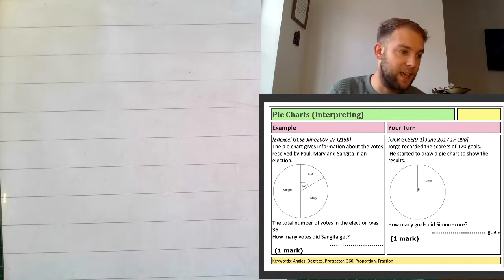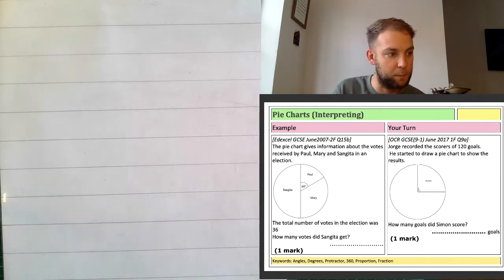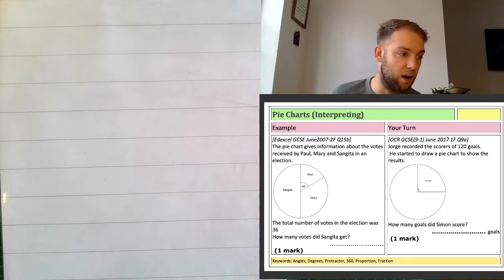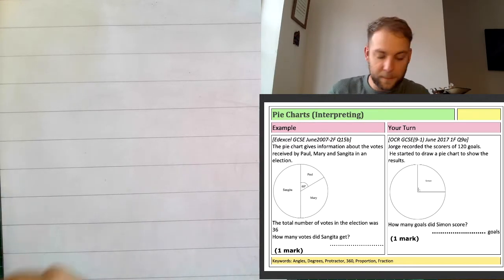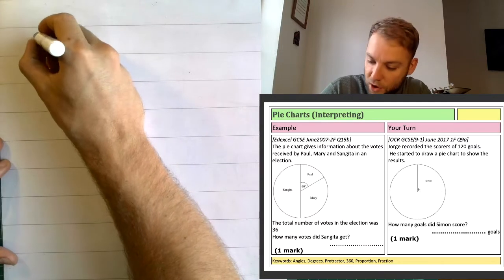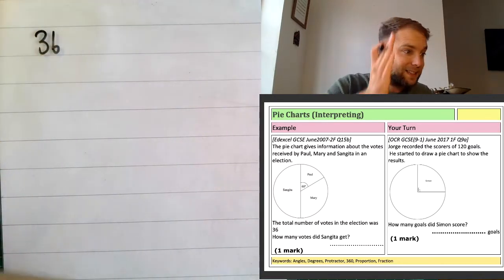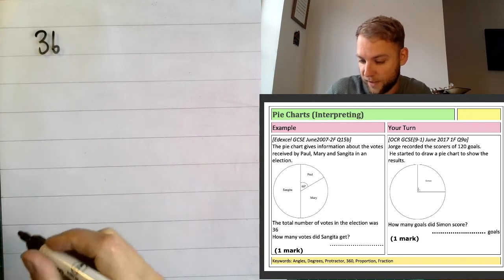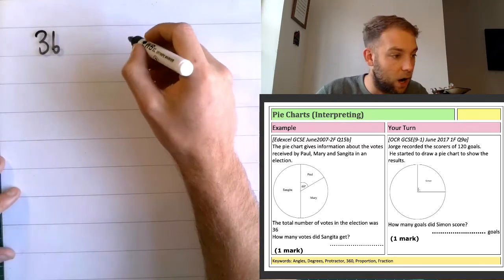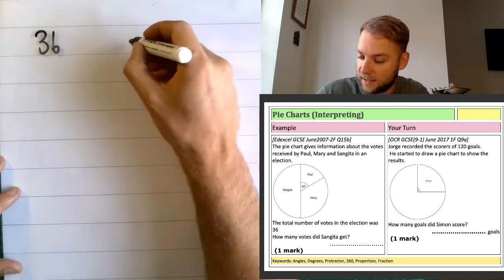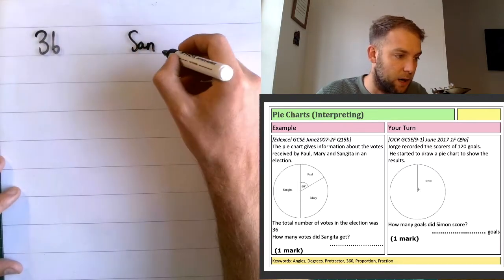Now we notice here that Paul gets 60, Mary gets that proportion there, and Sanjita gets half, okay? So if there are 36 people in total, and Sanjita is getting half of these, you need to be finding half of 36.